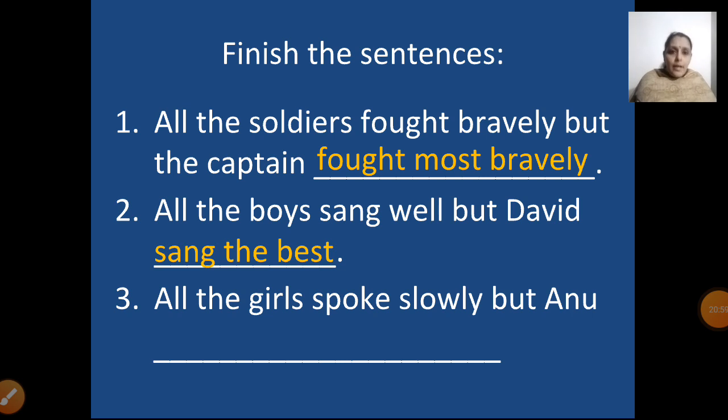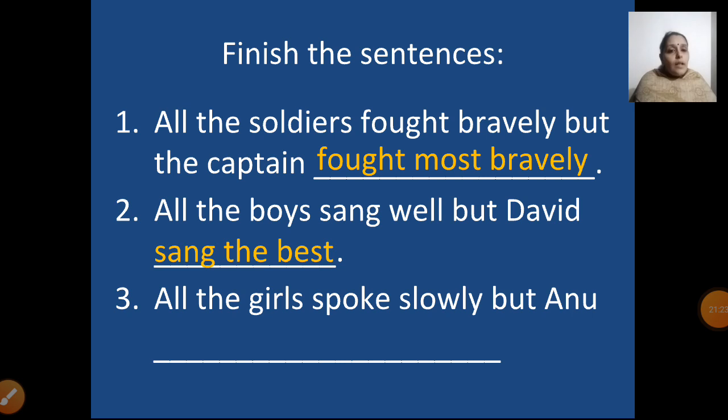Yes, all the boys sang well, but David sang the best. It is an irregular adjective, right? Good, better, best. When I'm writing good along with the verb, I have written it as well, W-E-L-L, well.